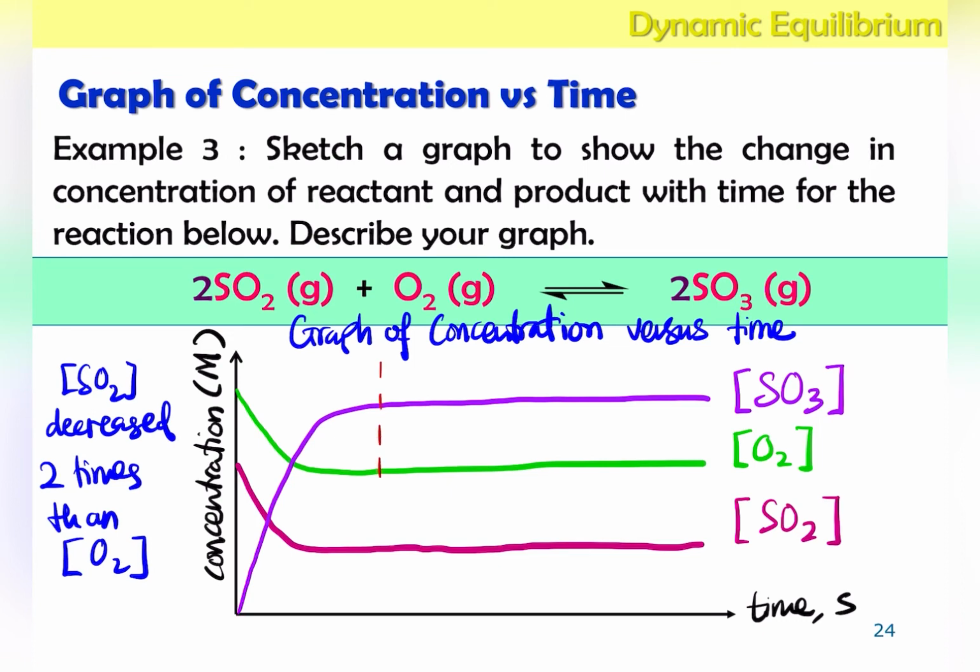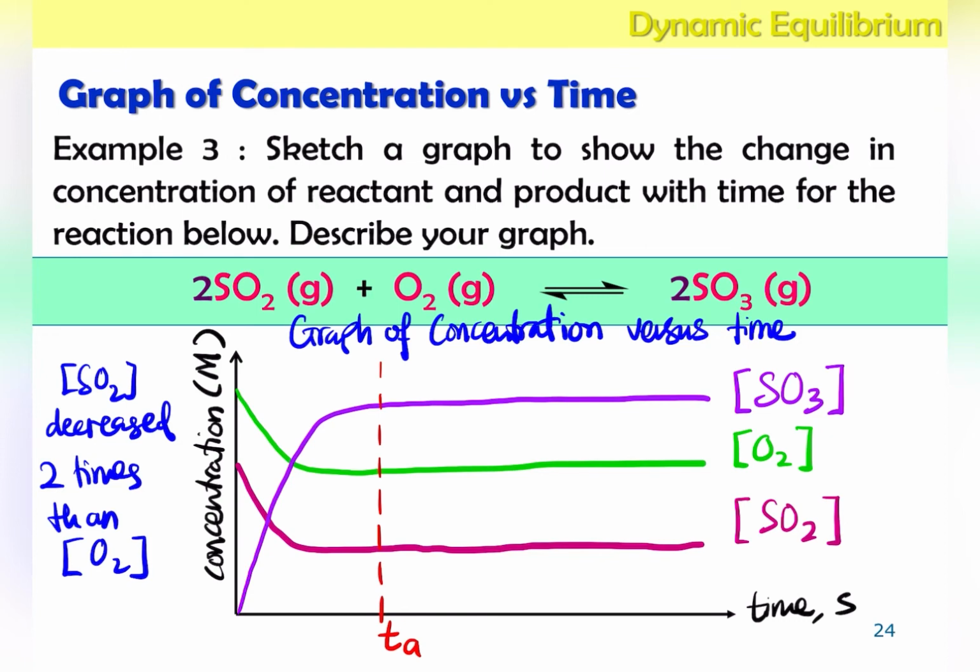I use a dotted red line and I label it as TA. So this is what we call the time of equilibrium, because we know that all three species will achieve dynamic equilibrium after their concentration remains constant after TA. So inilah yang dinamakan graph of concentration versus time.